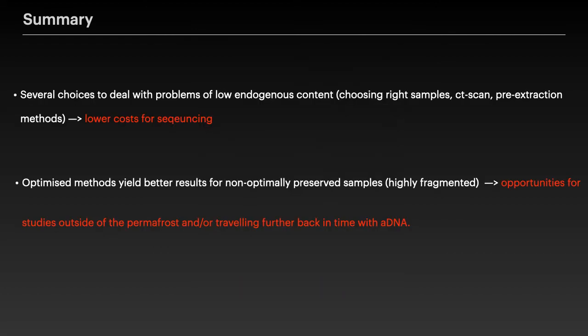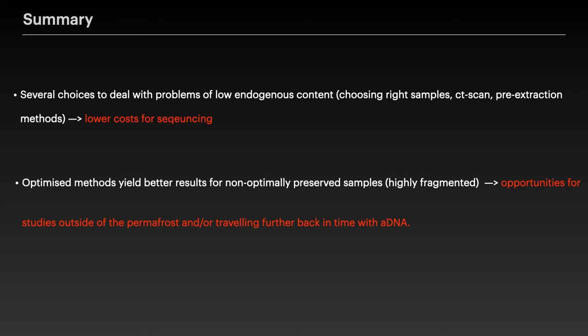To sum things up, we saw that there are several methods to solve the problems of low endogenous DNA. There's a variety of choices, from choosing the right samples or performing CT scanning, to treating the sample prior to extraction. All these have the potential to lower the final cost of the sequencing, by basically lowering the amount of contaminants in your DNA samples.